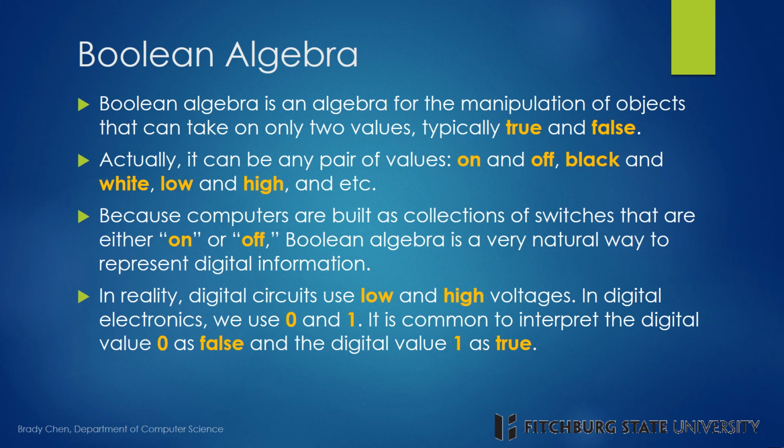Boolean algebra is an algebra for the manipulation of objects, not just propositions. The objects could be something else, like a switch. In that case, the values for a switch could be on and off. Or some object which takes values like black and white, or in electricity, you can take signals like low or high.